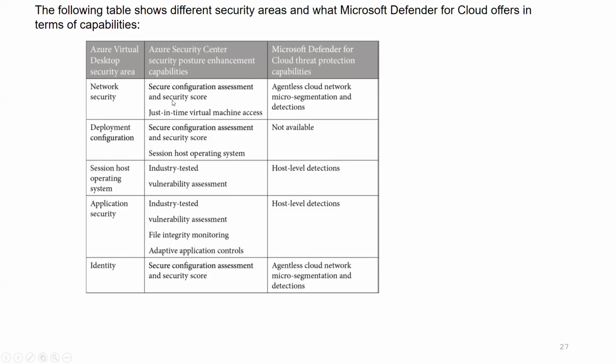Secure configuration assessment and secure score. For virtual machines, which ports need to be allowed and which ports need to be blocked, everything is at the network security level. Microsoft Defender cloud threat protection, agentless cloud network microsegmentation and detections, deployment configurations, session host operating system, application security, identity: we can configure all these things.